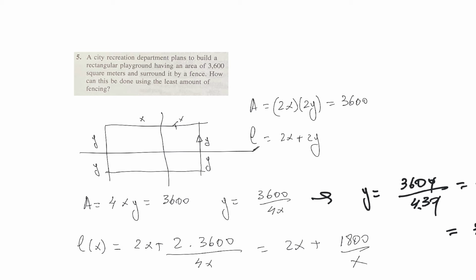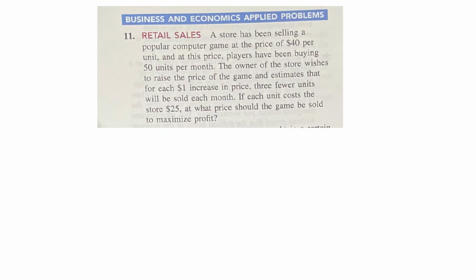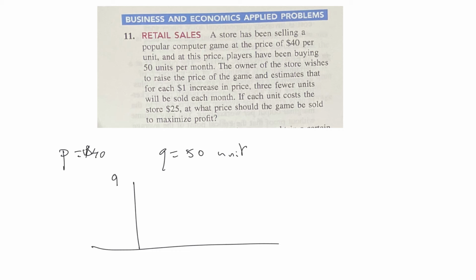let's go to another problem. Now let's do problem 11. A store has been selling a popular computer game at the price of $40 per unit. So the price P is $40 per unit, and at this price, the quantity is 50 units. So the point here is P, the price, and here is the quantity.